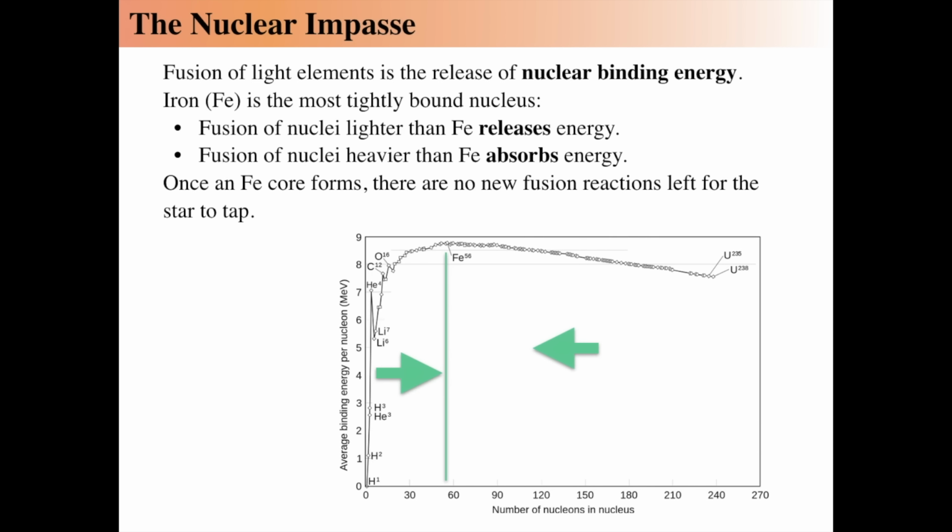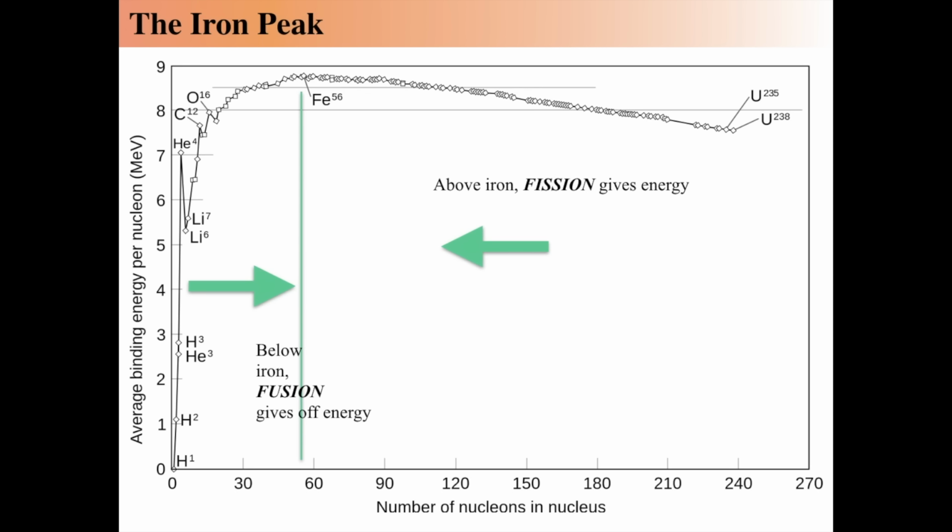So they release energy. But if you want to fuse elements heavier than iron, it must absorb energy. So once an iron core forms, there are no fusion reactions left for the star to tap in order to release energy. So gravity's still working, and that's what's happening.